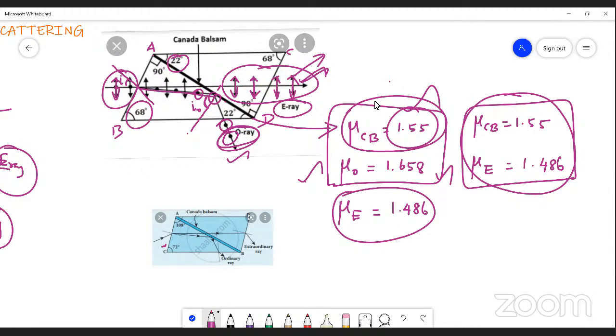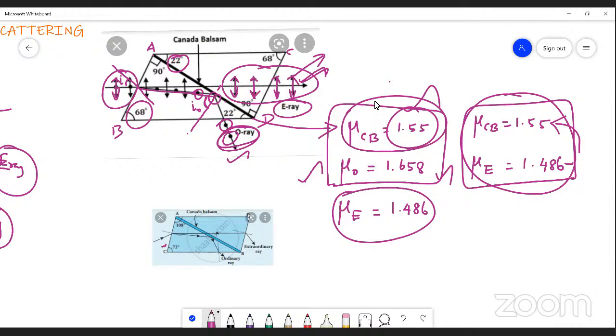The Canada balsam acts as a rarer medium for the ordinary ray, and a denser medium for the extraordinary ray. So the ordinary ray passes from the portion of crystal into the layer, the Canada balsam, from denser to rarer medium. Am I right? Yes, sir. Are the extraordinary rays rarer to denser? Yes, sir, rarer to denser.